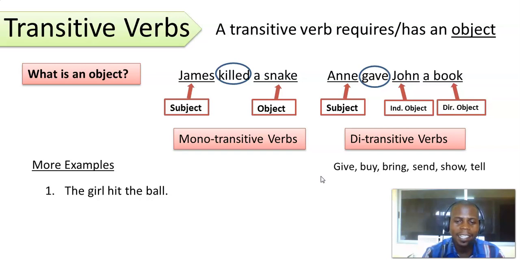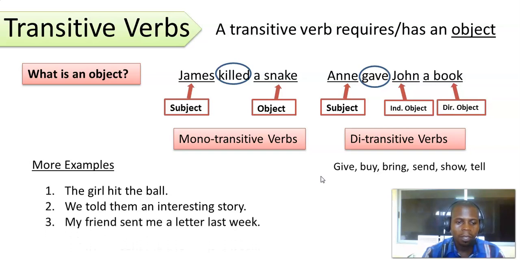The girl hit the ball. We told them an interesting story. My friend sent me a letter last week. I have done the assignment. Look at these examples. The girl hit the ball. Hit is a verb, and the ball is the object.